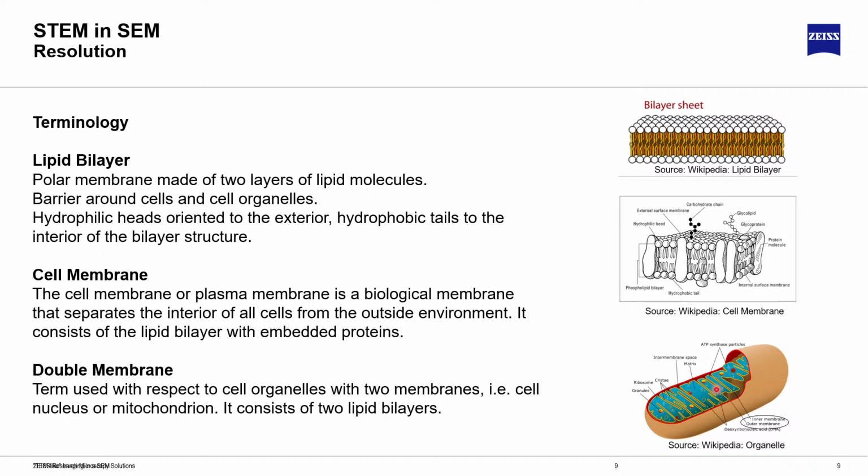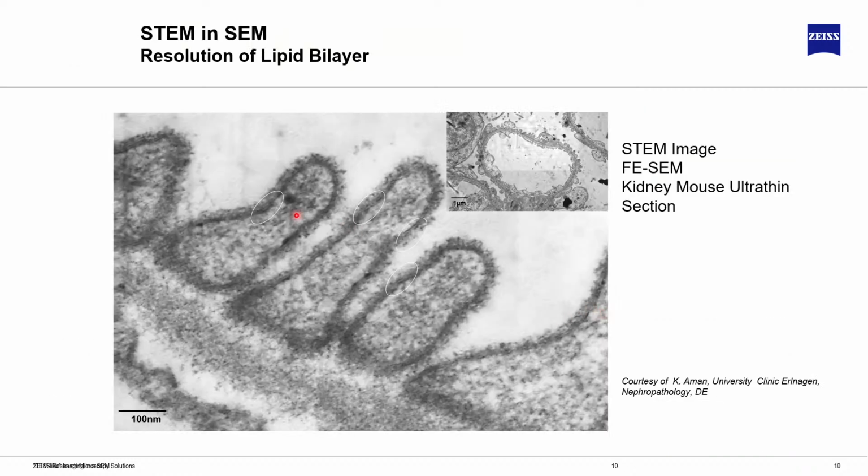This is a very typical structure that you want to identify in TEM imaging. And this is some evidence that you can also get this kind of high quality image in your SEM, or at least in new SEM instruments.